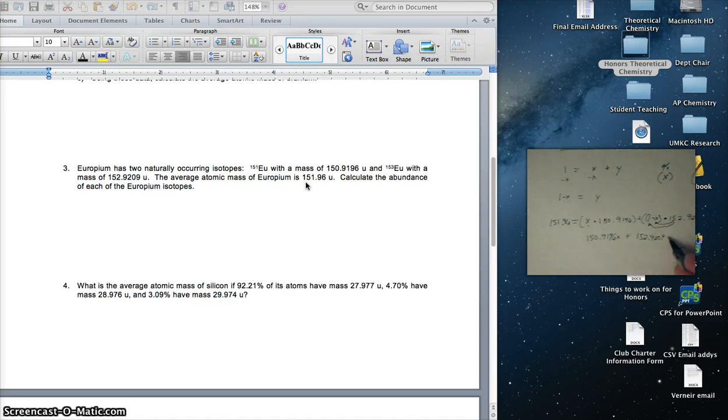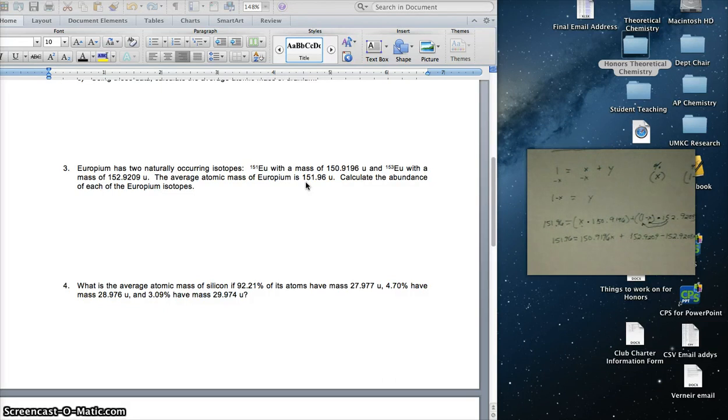That number times a negative x gives us negative 152.9209x. And that is all still equal to our original average of 151.96. Well, now we can go ahead, we can combine our like terms on the right-hand side. We can subtract over this value from the left-hand side, and then we would just have to solve for our x value.